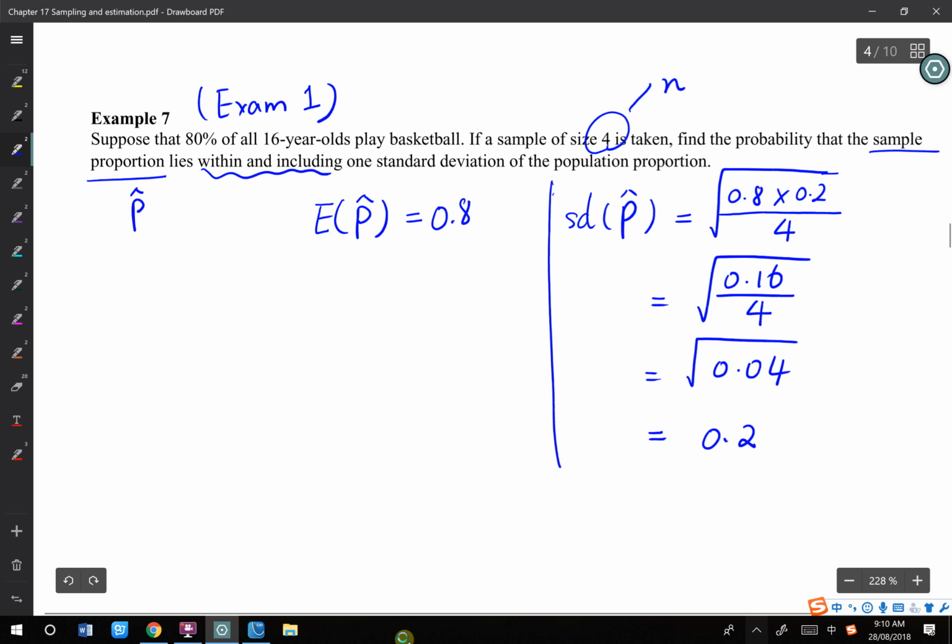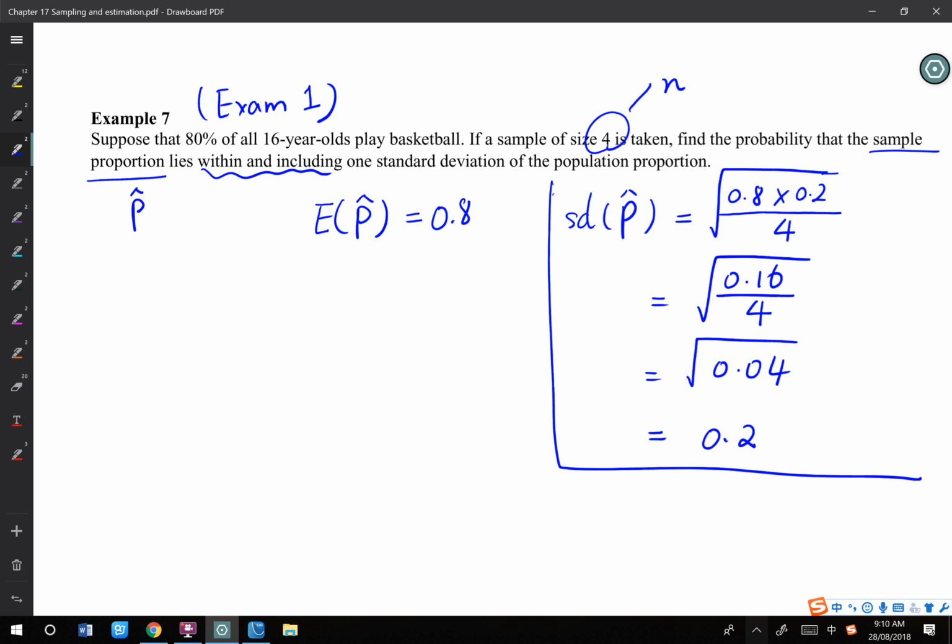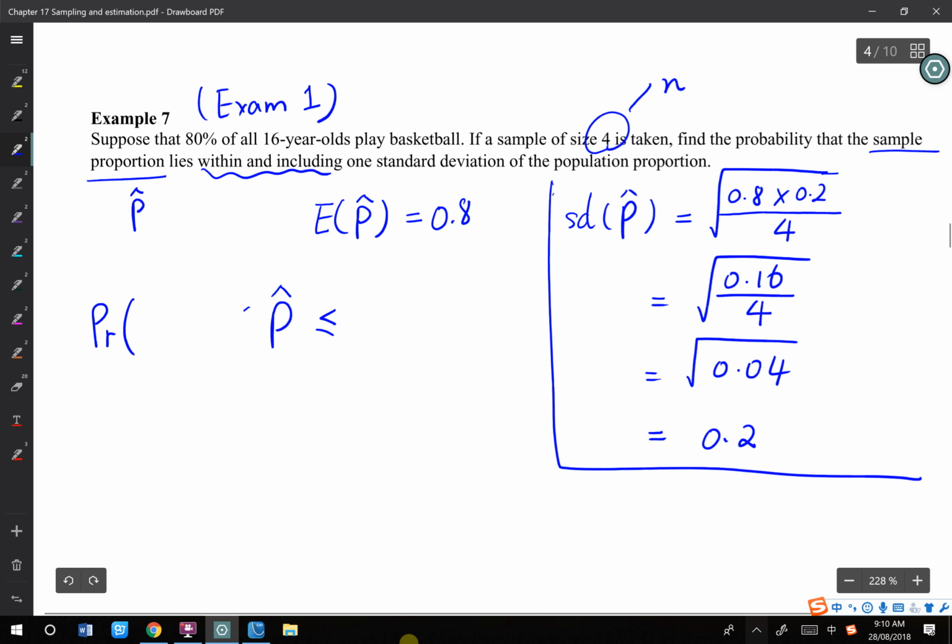That's my standard deviation. Now I want to find the probability that p hat is within, and including, 1 standard deviation.